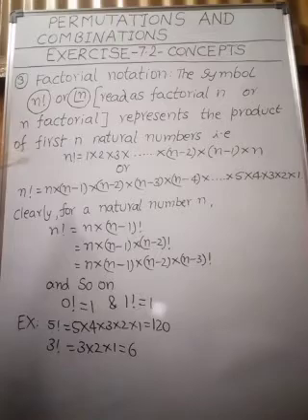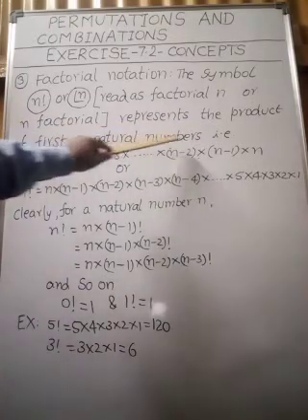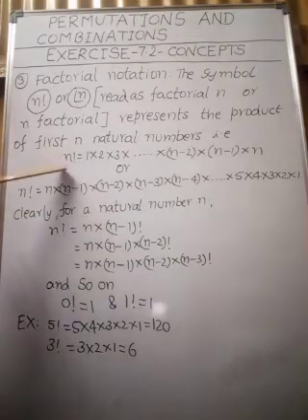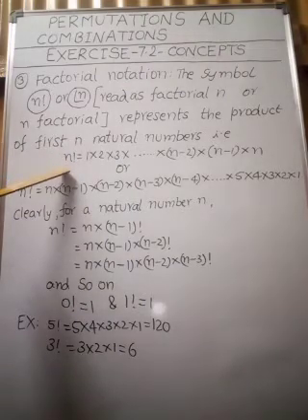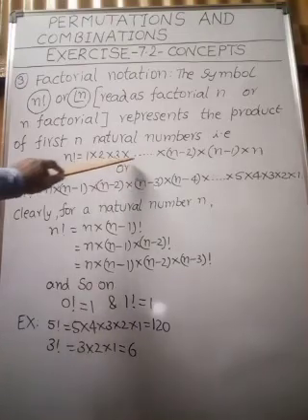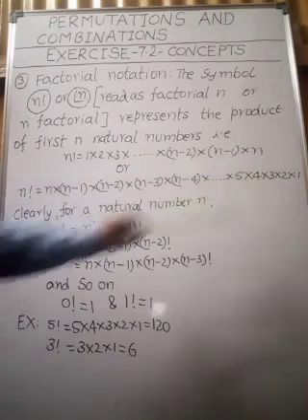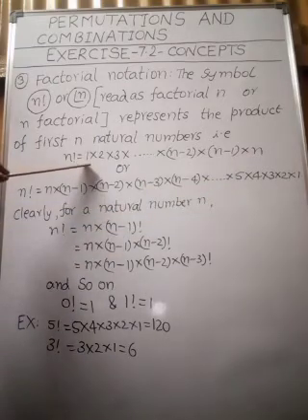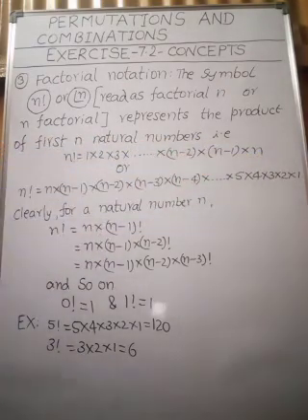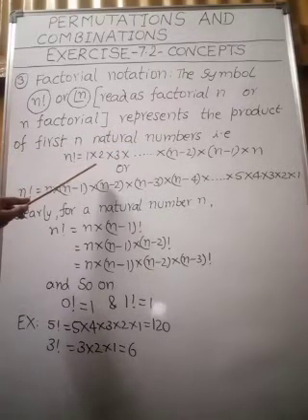Okay, my children, it represents the product of the first n natural numbers. That is, we define factorial n or n factorial as 1 into 2 into 3 into and so on, n minus 2 into n minus 1 into n. From 1 to n, the product of the first n natural numbers.